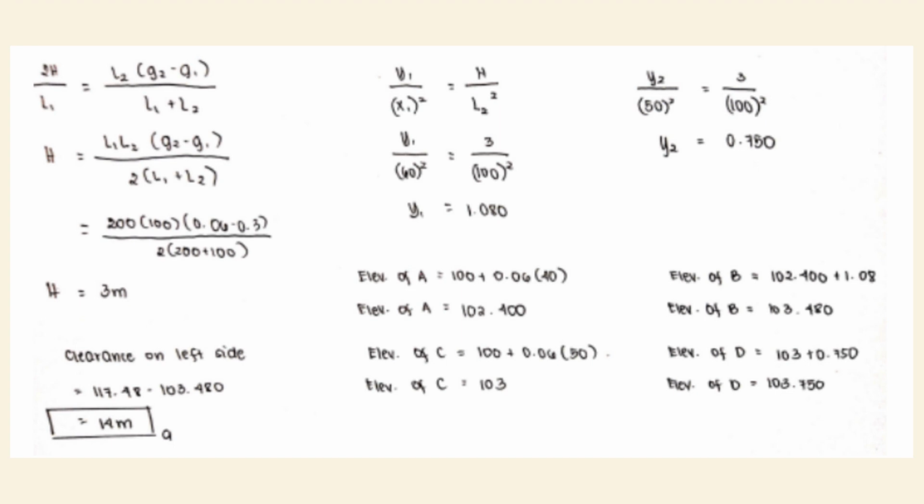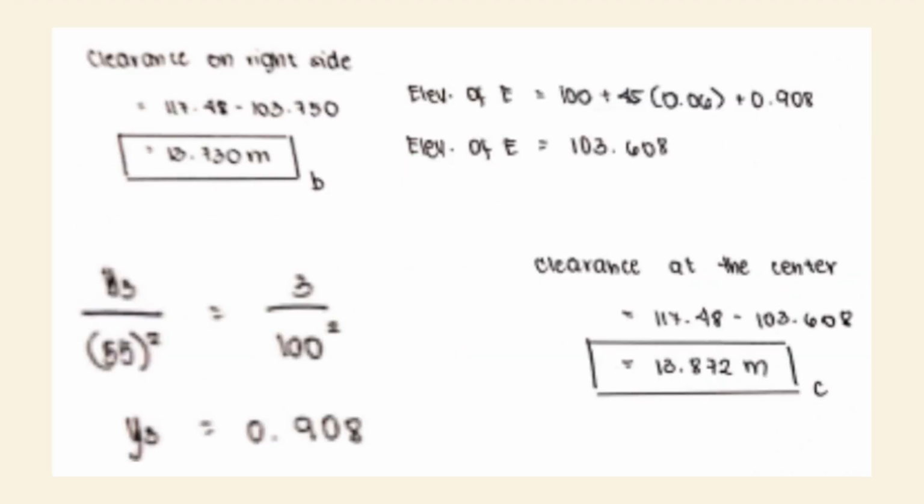Next, the elevation of D is simply elevation of C plus the value of Y sub 2. It is 103 plus 0.750. Thus, the elevation of D is equal to 103.750 meters.